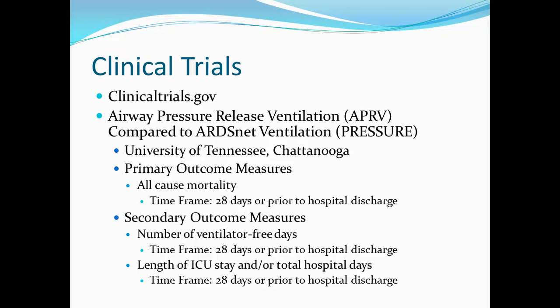The primary outcome measure is all-cause mortality. Time frame is 28 days or prior to hospital discharge. That's a primary outcome that they're evaluating, which is a very important one. Secondary outcome measures are ventilator-free days and length of ICU stay and/or total hospital days.